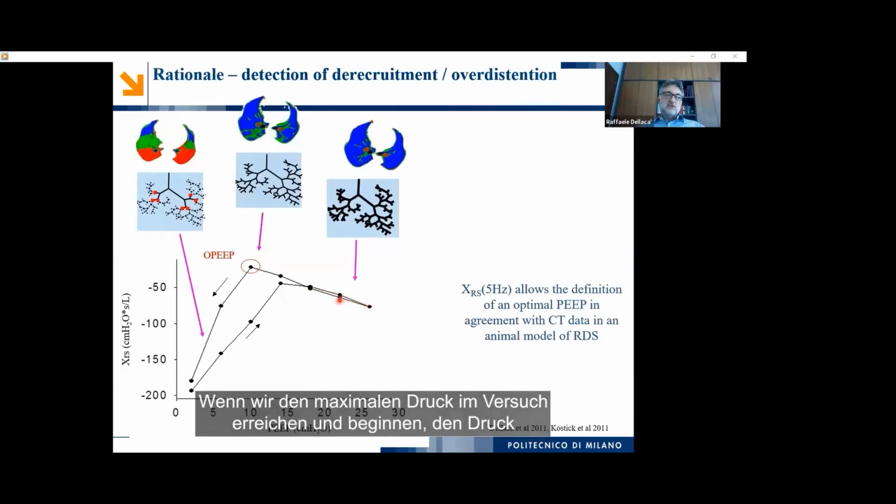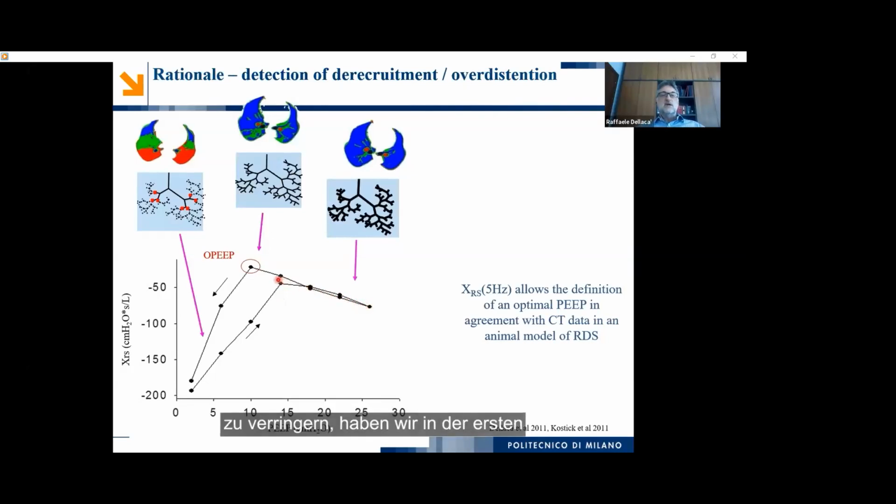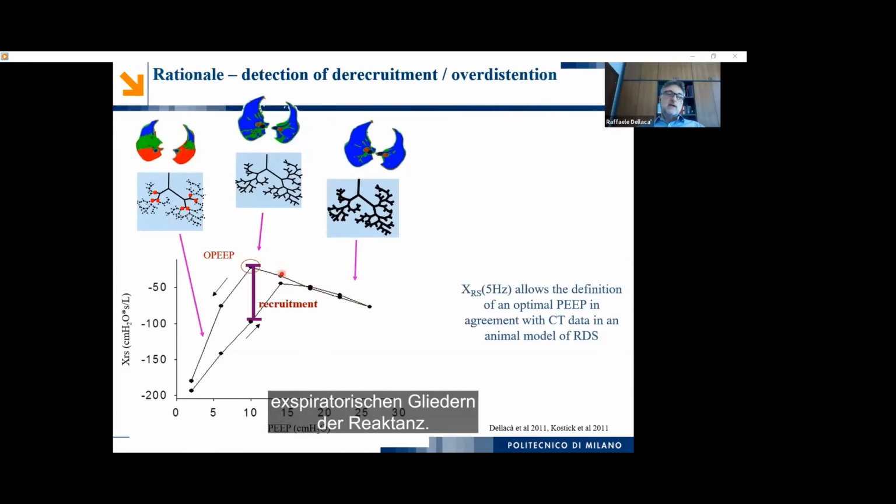Once we reach the maximum pressure of the trial, we start to decrease the pressure. We can see that in the first phase, we have a perfect overlap between inspiratory and expiratory limbs of reactance, but then there is a clear distinction between the two lines. And this represents the recruitability of the lung.